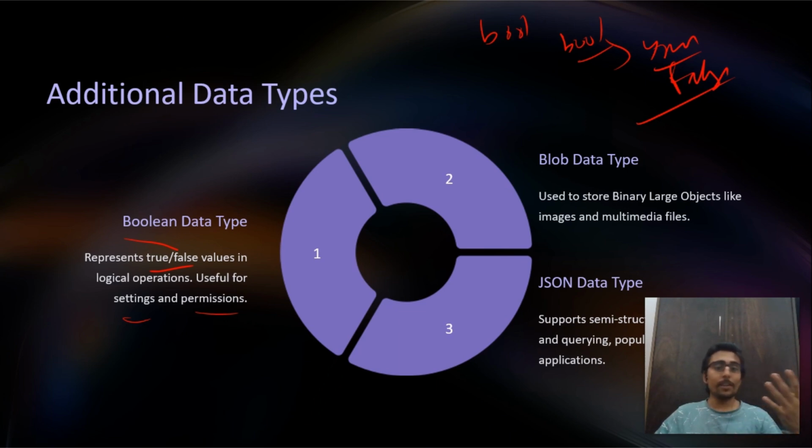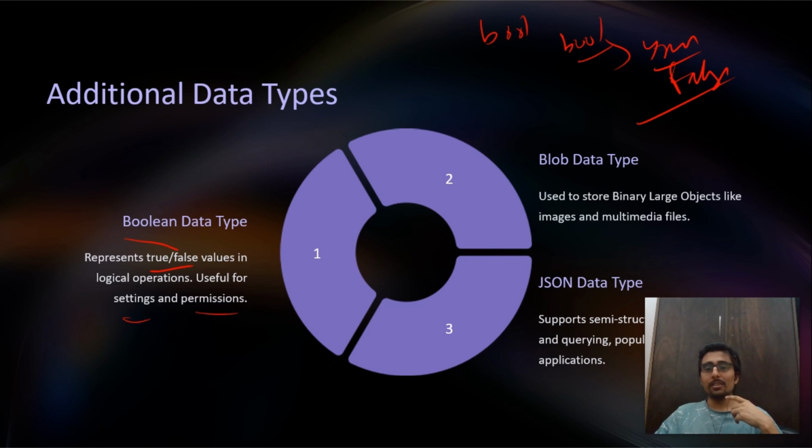It results in the value of 1 or 0, so it will be easy to find out. Basically great for toggles and flags like is_active, is_paid. For example, if you have paid the bill, or if you are active on the internet. Those types of scenarios are where this data type is widely used.